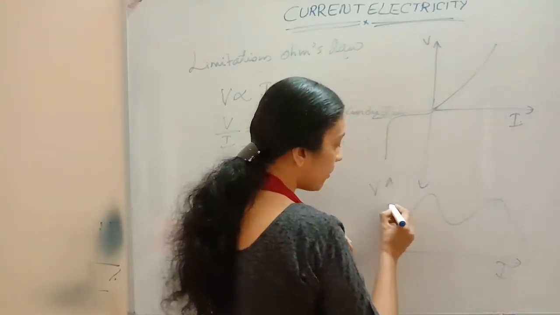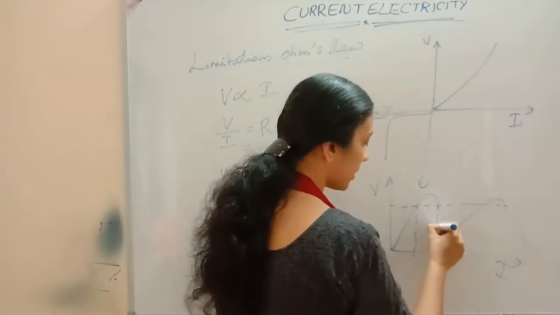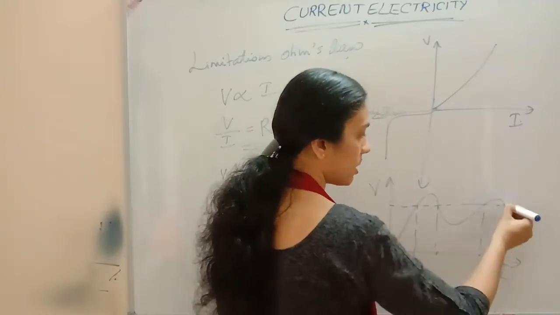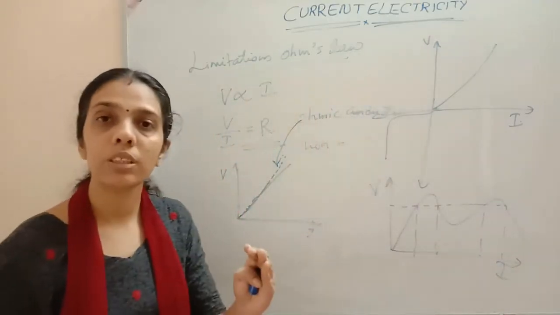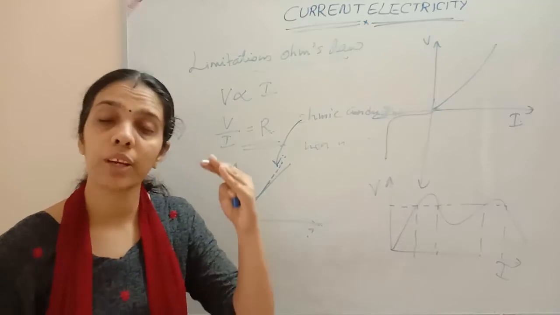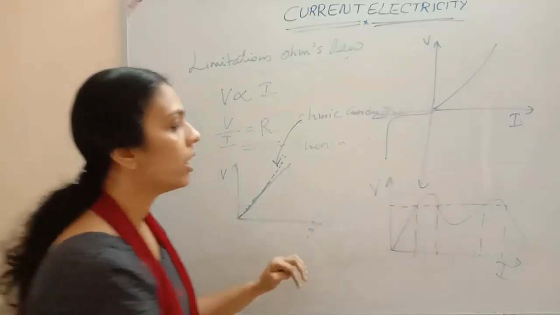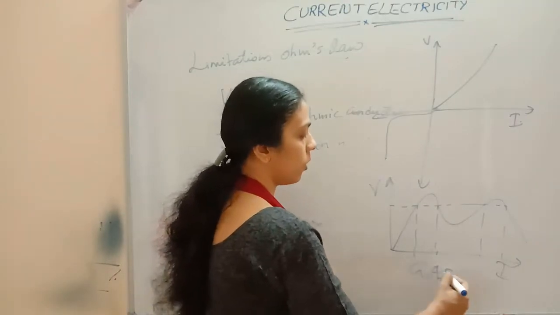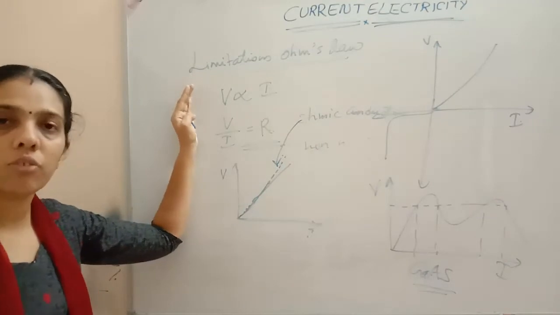For this particular voltage, this may be the current, this may be the current, or this may be the current. So for the same voltage itself, a different set of current values we will be getting. That is another drawback of gallium arsenide. That is another limitation of Ohm's law.